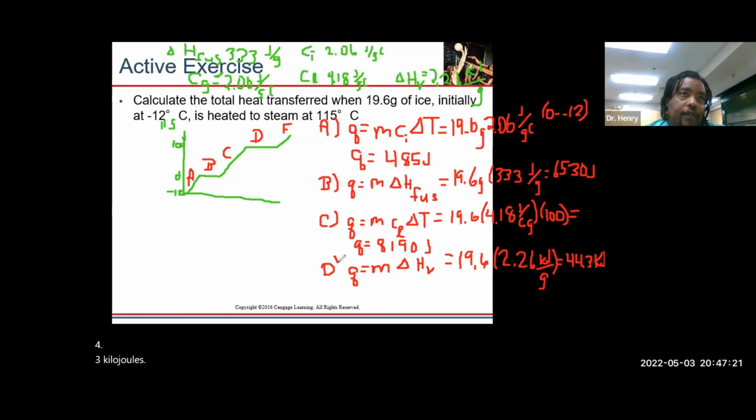Okay. And then not F, that should be E. E equals Q. Oops.